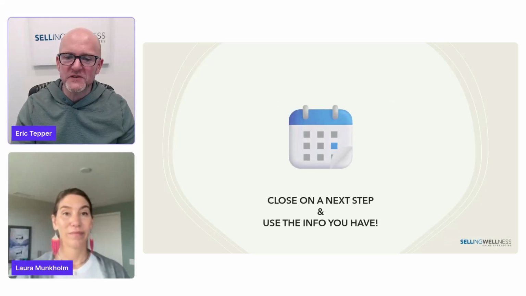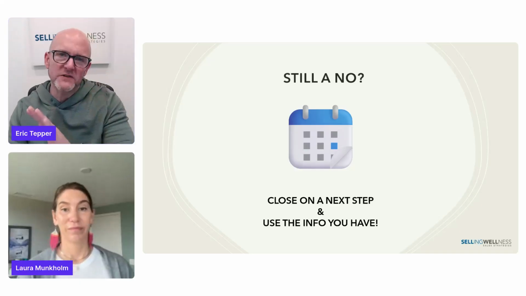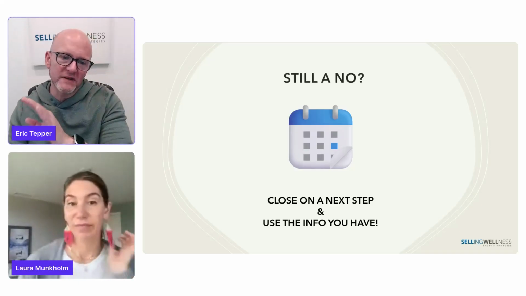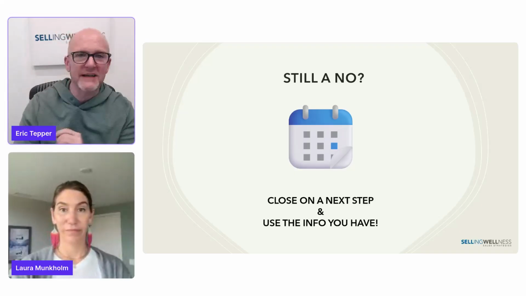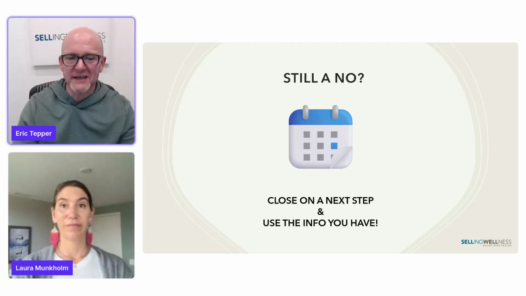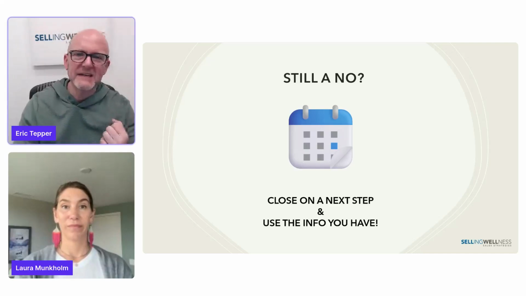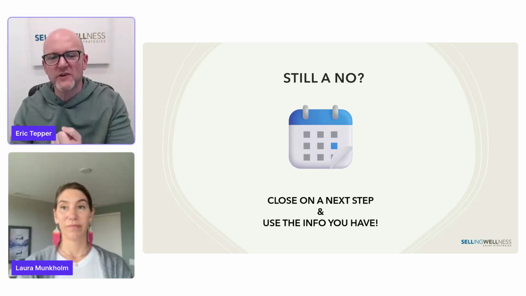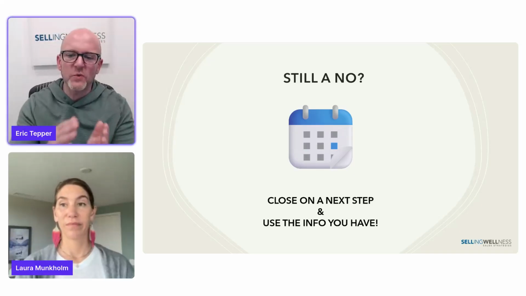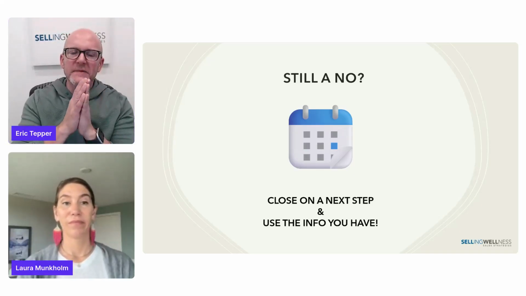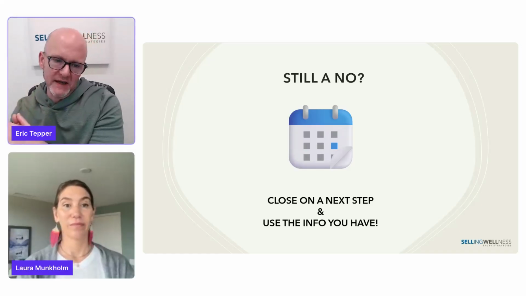So now this is where we go back to leveraging Walla. Now let's say Laura did not say yes. Let's say she was on the fence. She had some concerns. Let me see how I'm going to feel tomorrow. We want to somehow close on a next step.